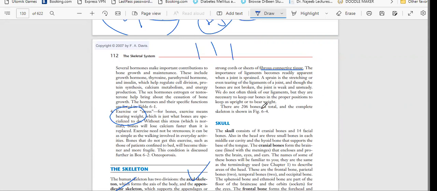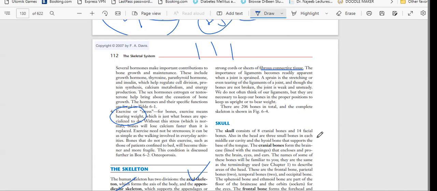So whenever a sprain occurs, when you hold any heavy weight or someone drags you, the ligament tear can happen, and when you raise your hand you will get pain. So we need ligaments to keep the bones in the proper position.